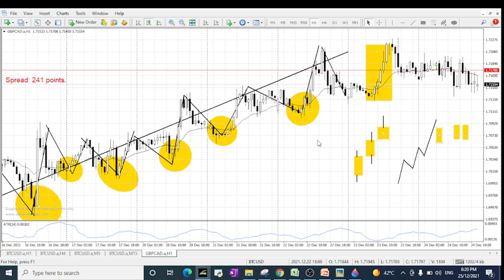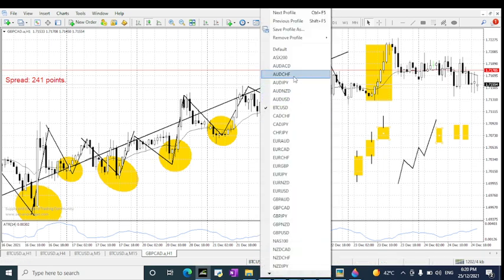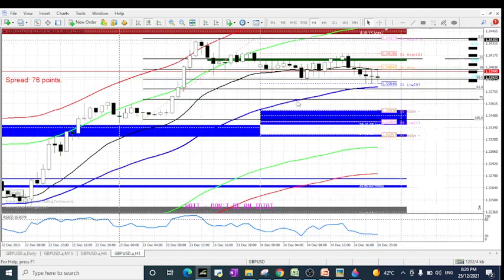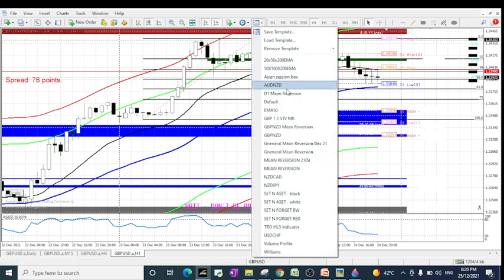Yeah, and I will open up maybe a daily chart of Pound US. The last couple of days have been moving quite a lot. So let's say Pound US. Get rid of all this.